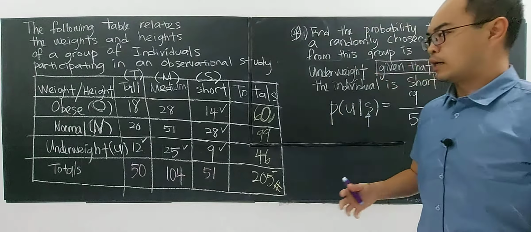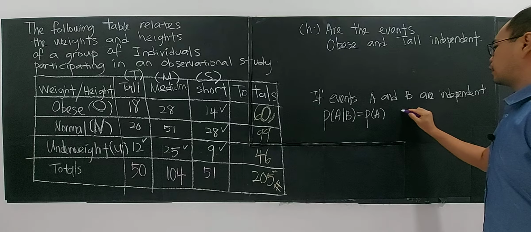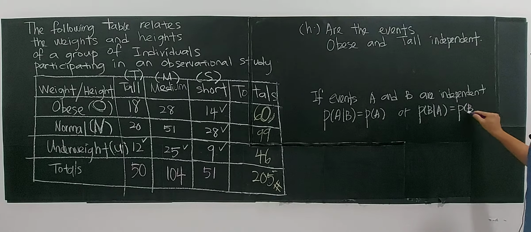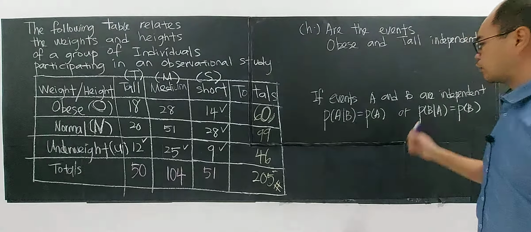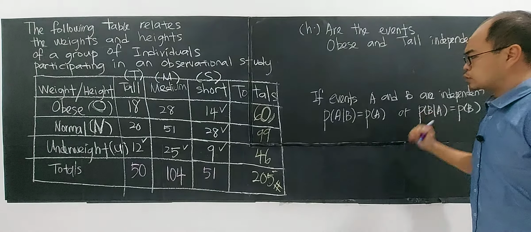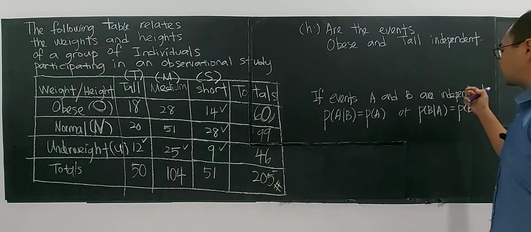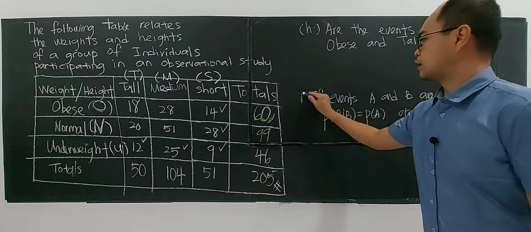If events A and B are independent, then we say that the probability of A given B is equal to the probability of A, or the probability of B given A is the probability of B. If we can verify either one of these, or you can verify both, then we say that events A and B are independent. This is the first method.